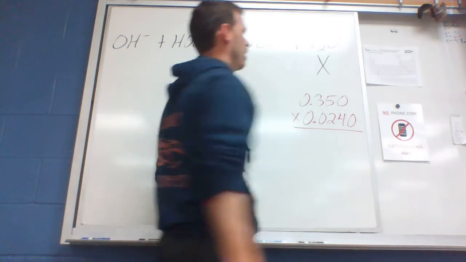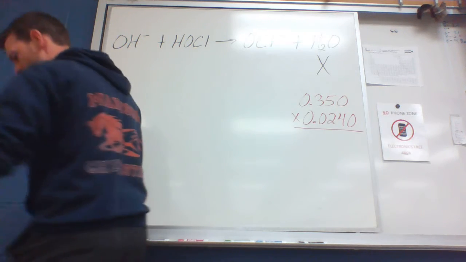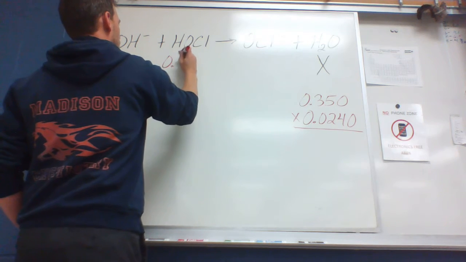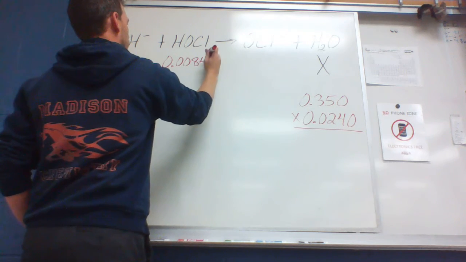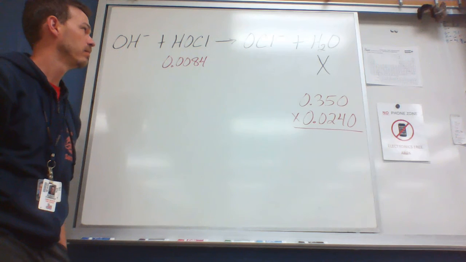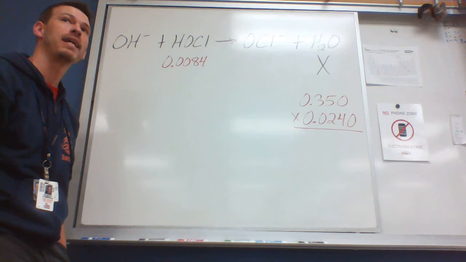It looks like the mole count for the weak acid for the entire titration is going to be 0.0084. That number will never change. That's the mole count of our starting acid.